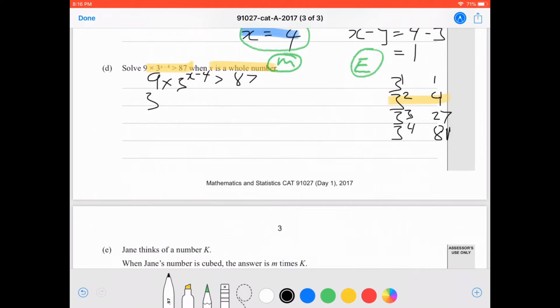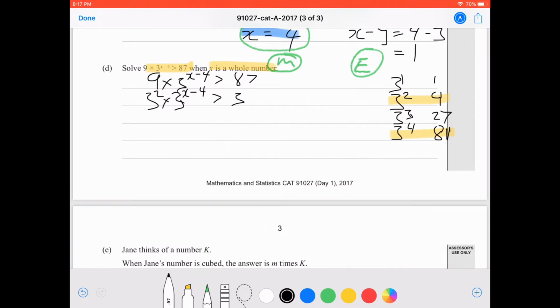So 3 to the power of 2 times 3 to the power of x minus 4 is greater than, and instead of using 87, notice that 3 to the power of 4 is 81, so we're going to use 3 to the power of 4 in our equation.